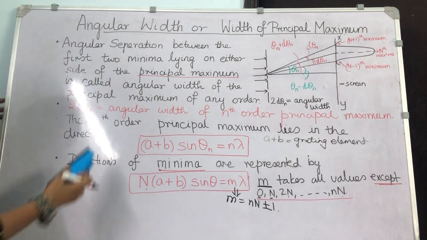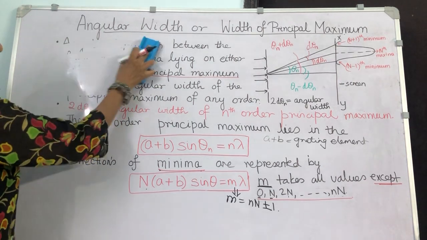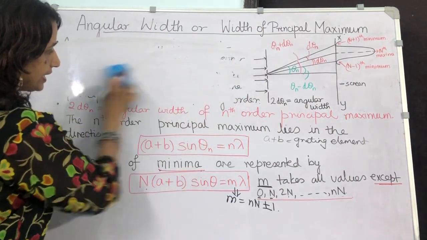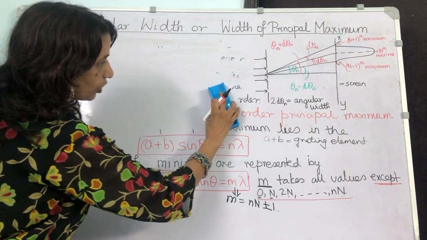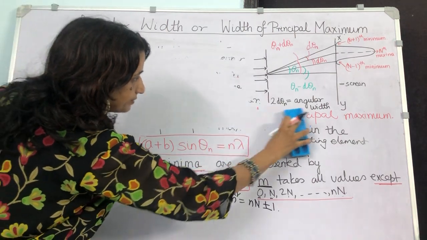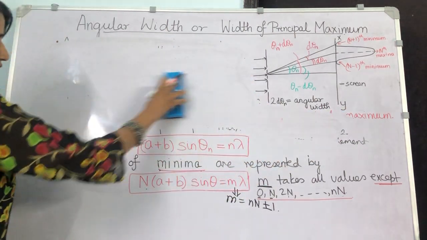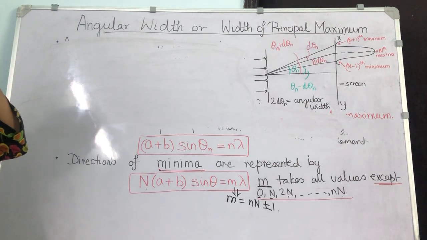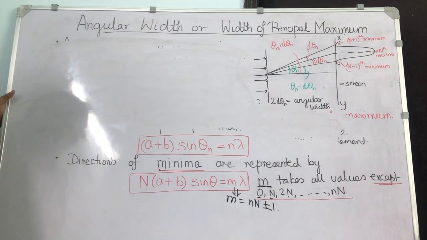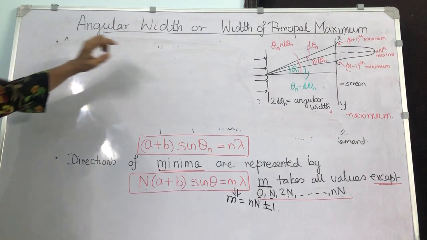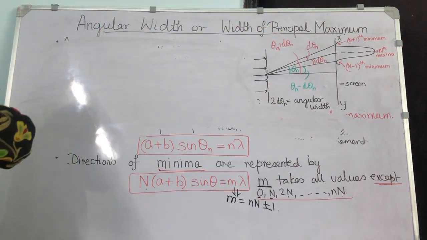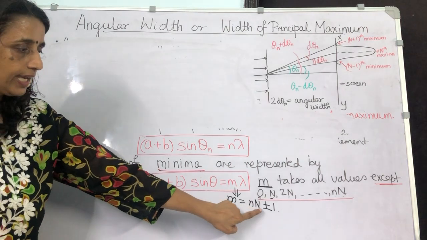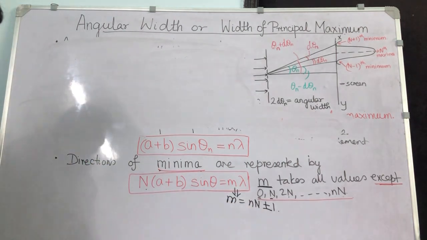Now let us derive the expression for 2dθn, the angular width of the nth order principal maxima. How will we start? The first-order minima adjacent to the nth order principal maxima lie in the direction θn + dθn, corresponding to m = nN ± 1.